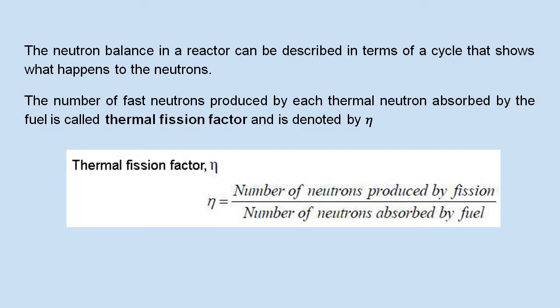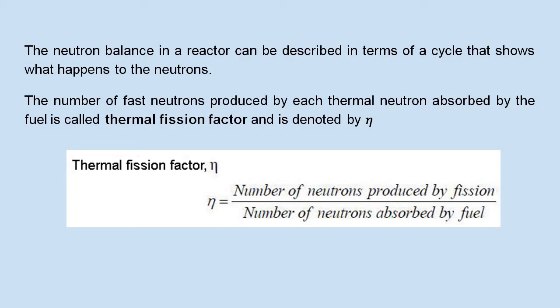So, in order to have a continuous chain reaction, there must be a nuclear balance. And this nuclear balance can be described in terms of a cycle that shows what happens to the neutrons.